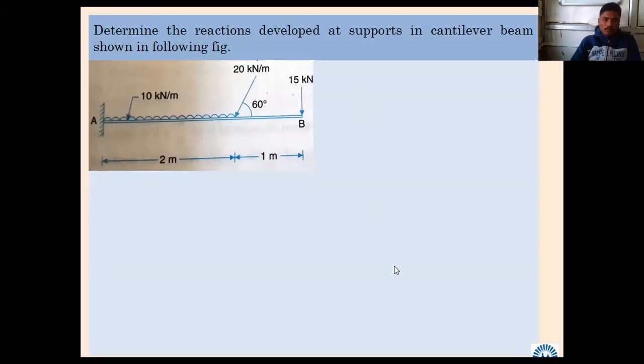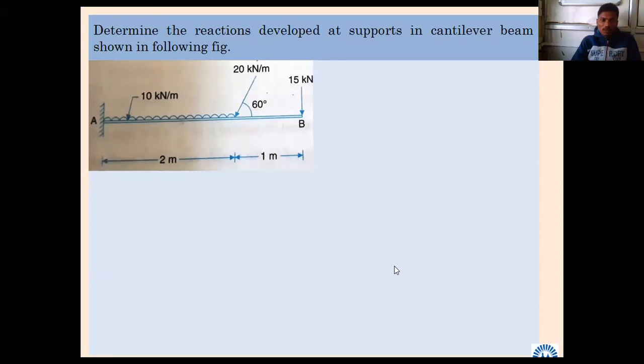Okay, which type of beam is given? Cantilever beam. What is a cantilever beam? Supported at only one end. Supported at which type of support?